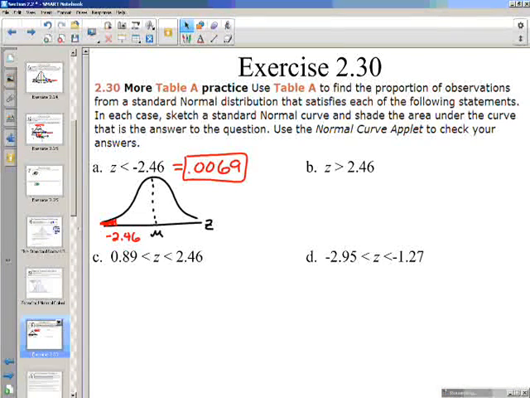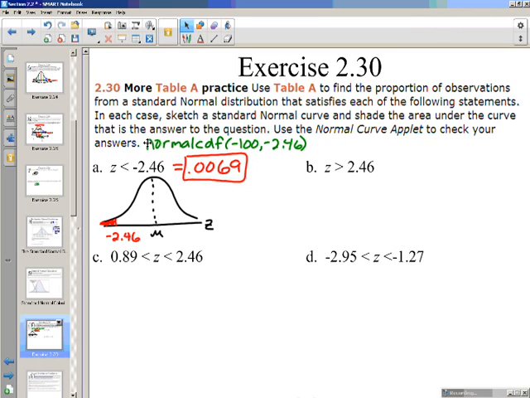Okay, so on the calculator, normal CDF from negative 100 to negative 2.46. On quizzes, tests, AP exam, do not write this calculator stuff up there. They don't care about that. That's not going to help you get any points.